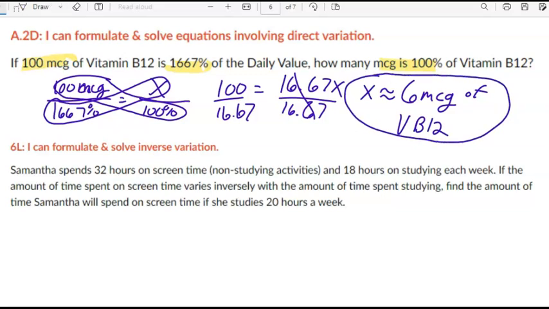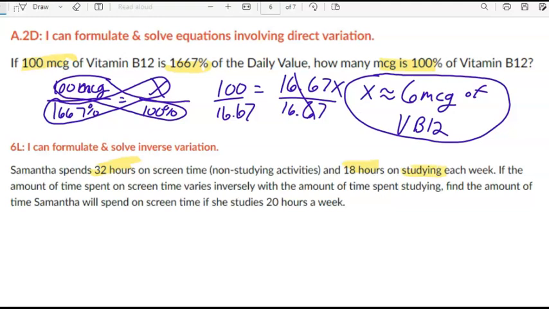6L. I can formulate and solve inverse variation. Samantha spends 32 hours on screen time, non-studying activities, and 18 hours on studying each week.